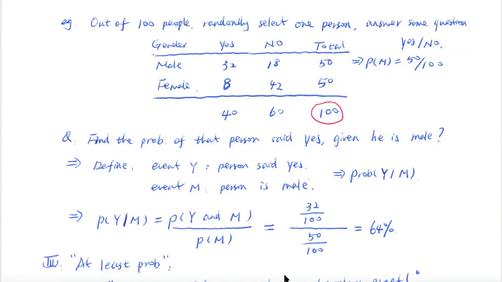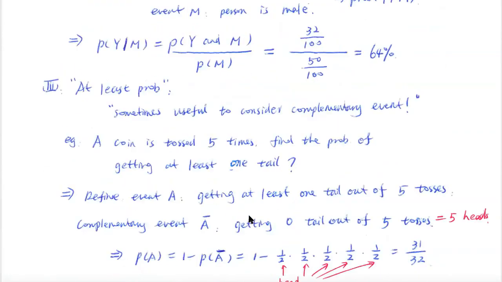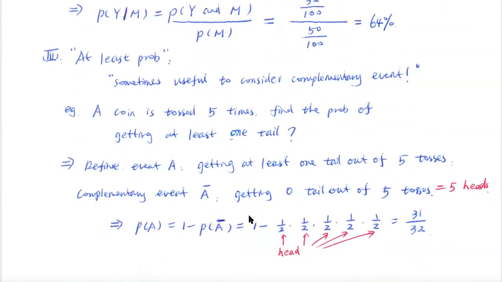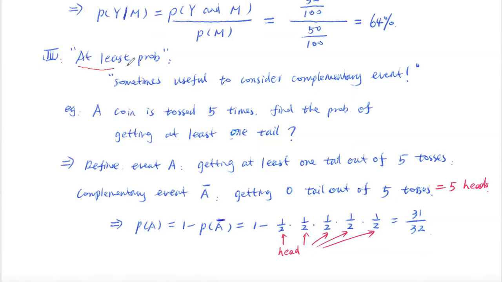We have one more part, small section here, then we are done for the week. Let's see, the last piece, the last but not the least, right? Well, we happen to have this at the list. And this is one of the most difficult words for me to pronounce. At least probability, right?